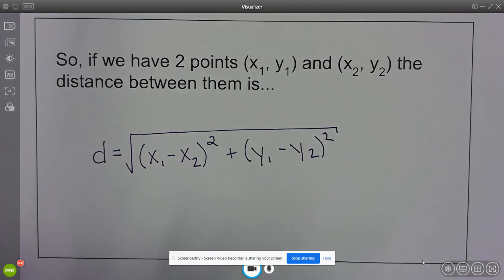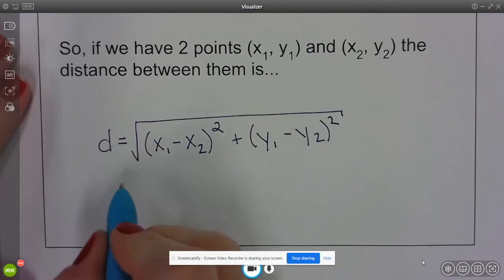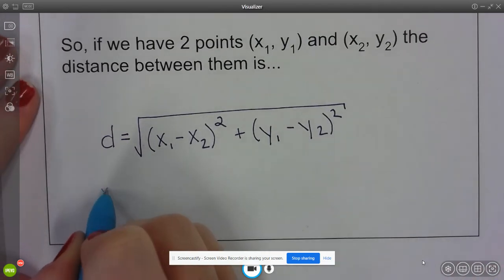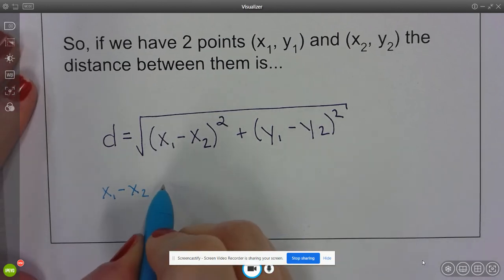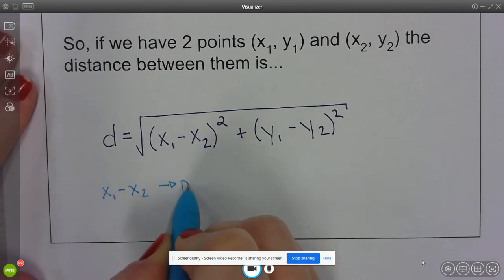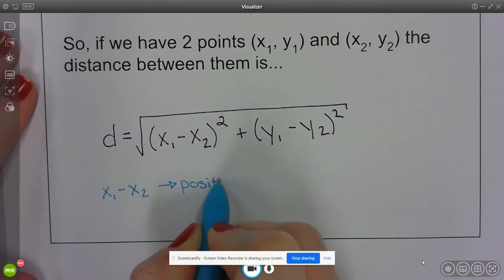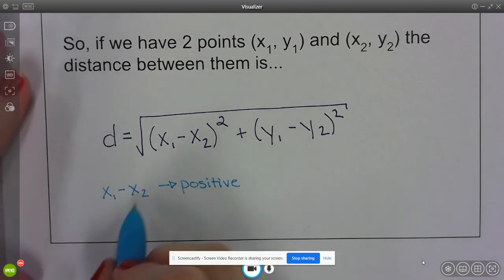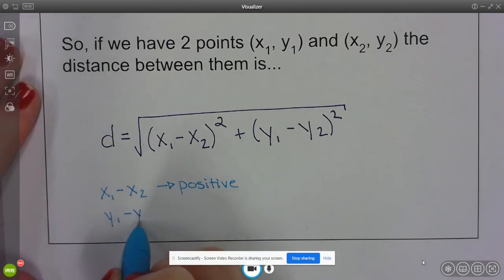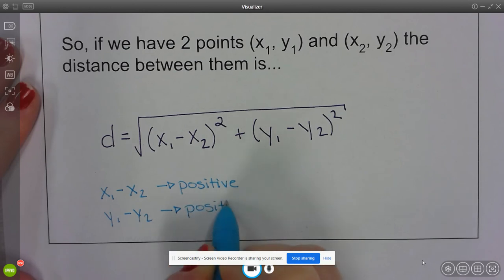Now again, I do not care if you choose to do this or not. You could do it step by step. If you did it step by step, what we would do first is I would do x1 minus x2, and I would make sure that this was positive because I want my distance to be positive. Distance can never be negative. And then I would do the same thing with my y values and make sure it's positive.